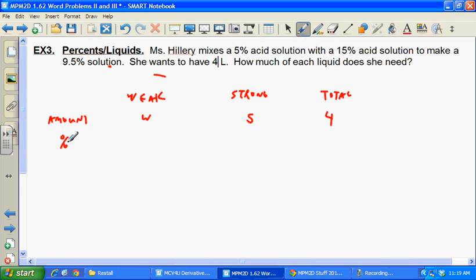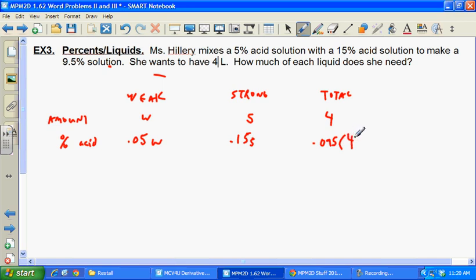And then we have talking about the percent. This weak solution is 5% acid. So this is percent acid. Well, 5% of this is acid, then 5%, notice that I wrote it as a decimal, and 15% of the strong one has to add up to a 9.5% solution. 9.5% of what?